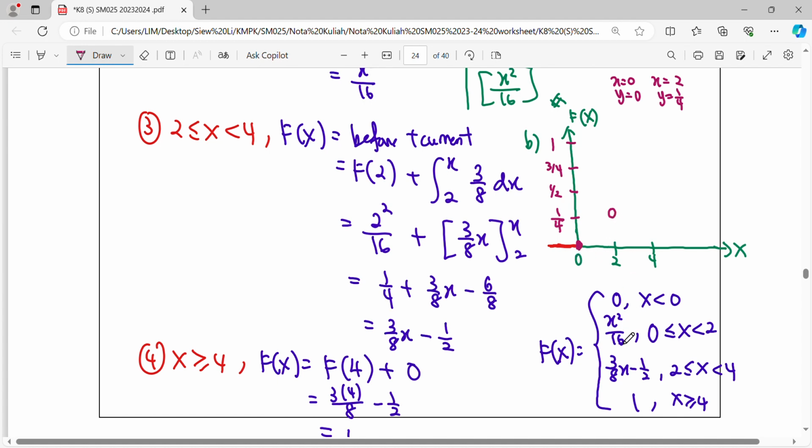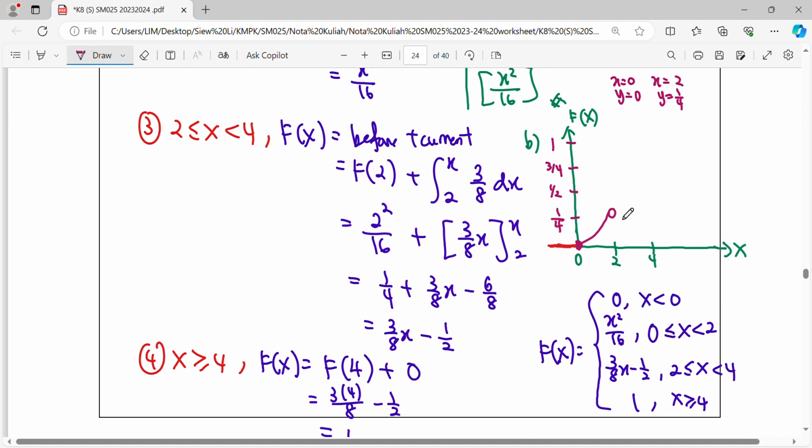It will be the graph of a quadratic. The shape of the quadratic is a parabola, concave upward. So only this piece, we need to draw 0 until 2 only.